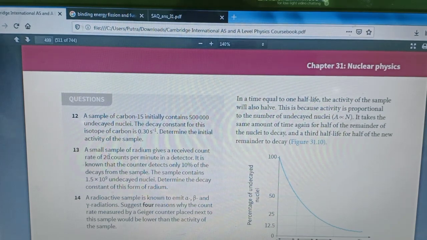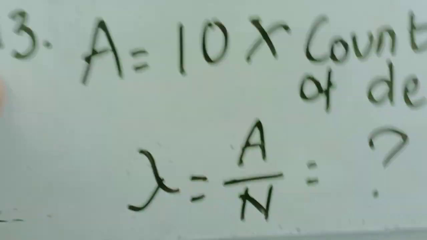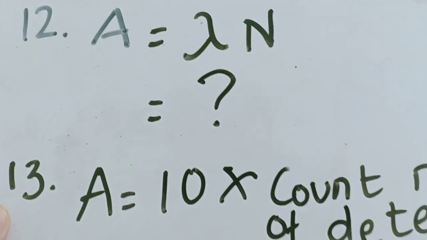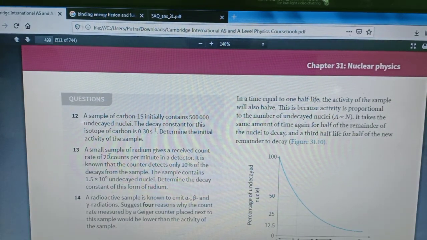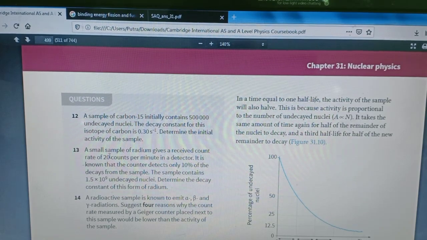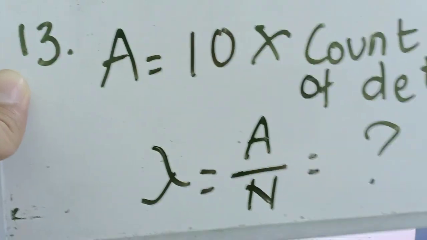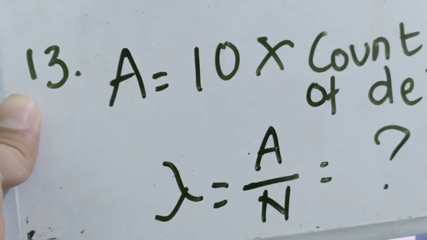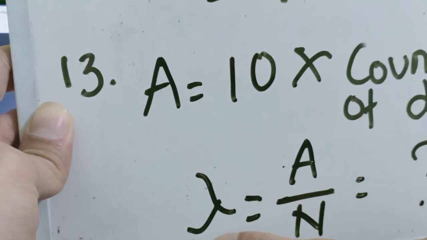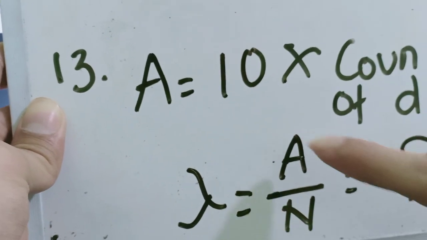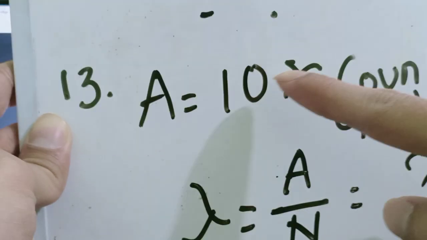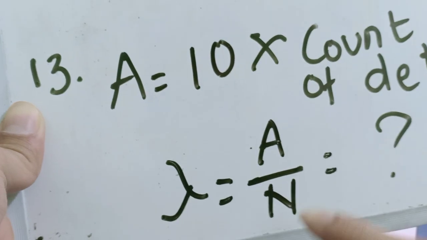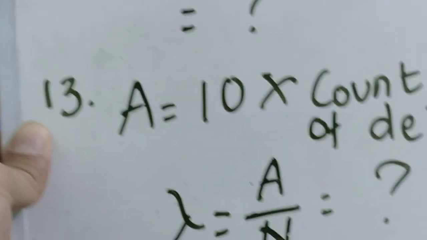Then we can use the same formula, A equal to lambda times N, but this time we need to find the decay constant lambda, not the initial activity. So lambda is equal to A over N, where A is from the previous step and N is the number of undecayed nuclei.